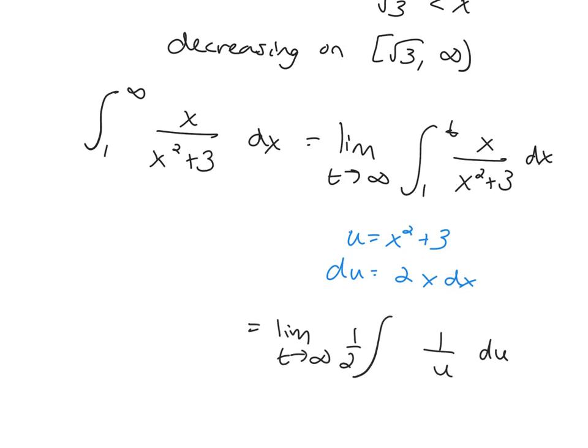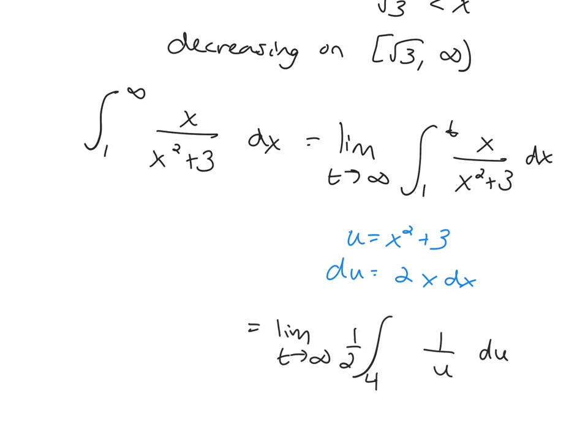What are my bounds going to be? How do you get your new bounds? Plug into your u. So my bottom number was 1. So it's 4. It's my bottom number.